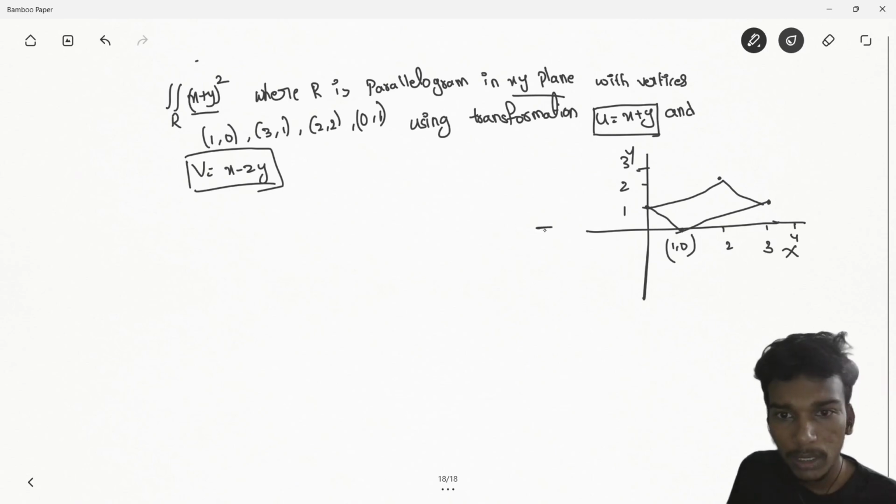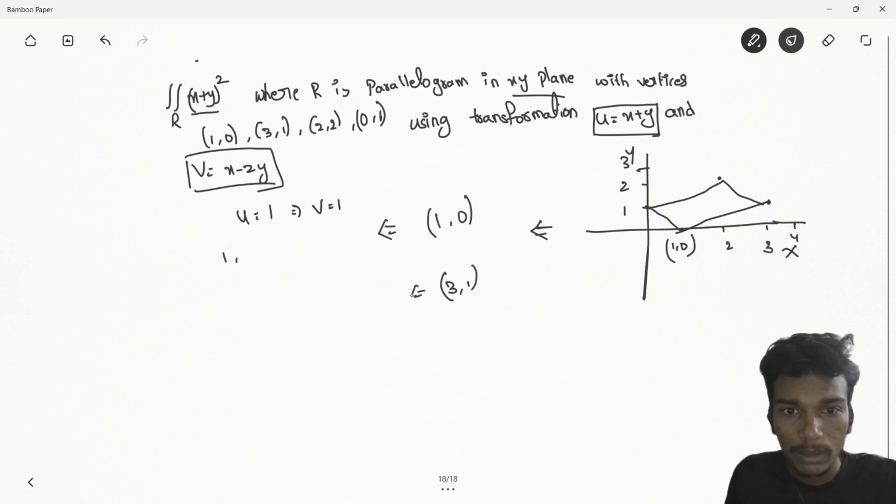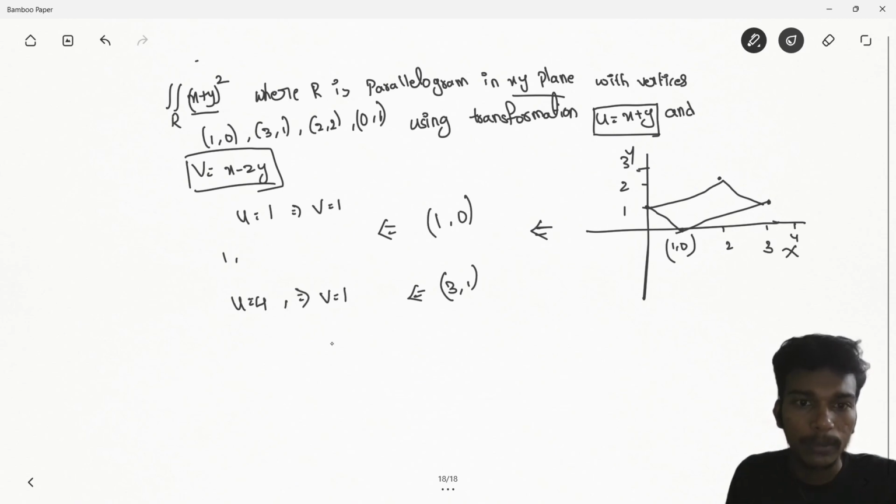Now I'm going to transform it into another coordinate system. With x, y, I'm going to keep the x value as 1 and the y value as 0, and (1, 1) will be transformed as u equal to 1 and v equal to 1. And (3, 1) will be transformed as, if I keep the respective values, u will be 4 and v will be 3 minus 2, that is 1, v equal to 1.